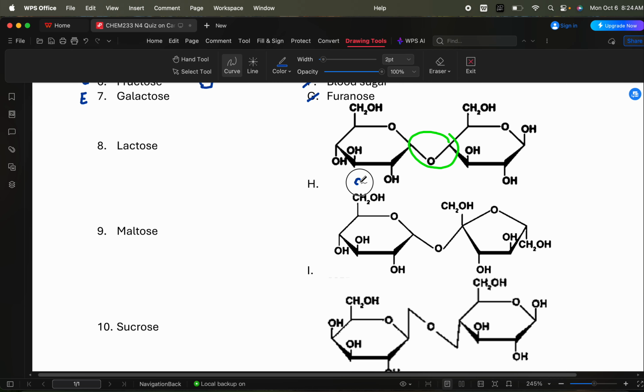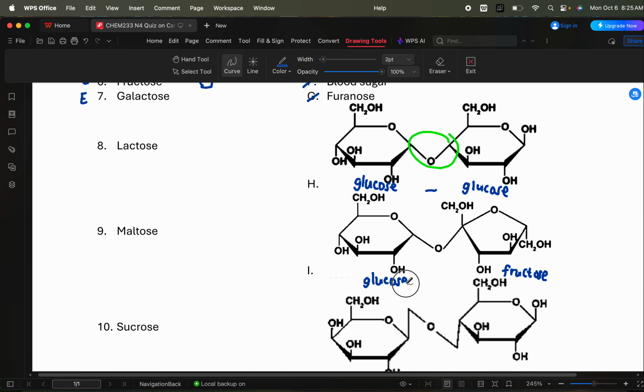So this is glucose and this is glucose, because both are pyranoses and they have the glycosidic bond here. For letter I, you have a pyranose at the left and a furanose at the right. So obviously this is fructose, and at the left, this is glucose.